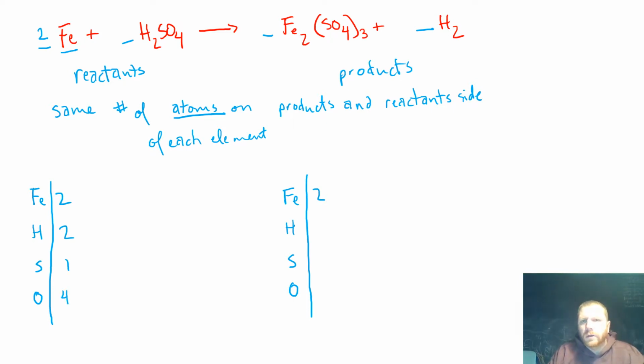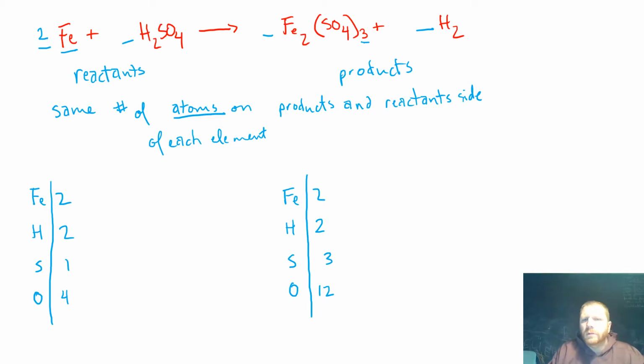On my product side, I have 2 hydrogen in the form of H2, 3 sulfur, and since I have this 3 subscript outside of the parentheses, that 3 is going to multiply any of the subscripts within that parentheses, which is where I ended up with 3 for sulfur. So what does that mean for oxygen? I've got 12. So I balanced my iron, and my hydrogens are already balanced.